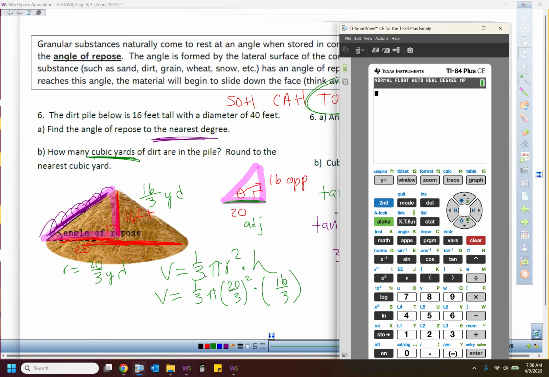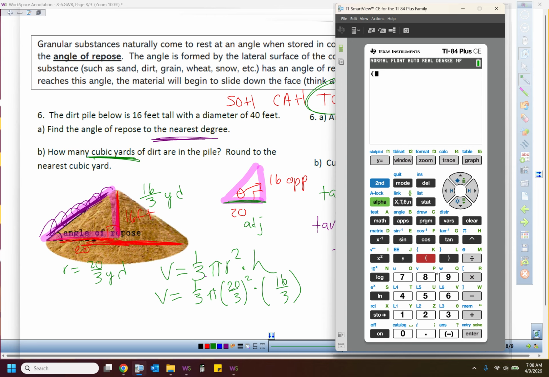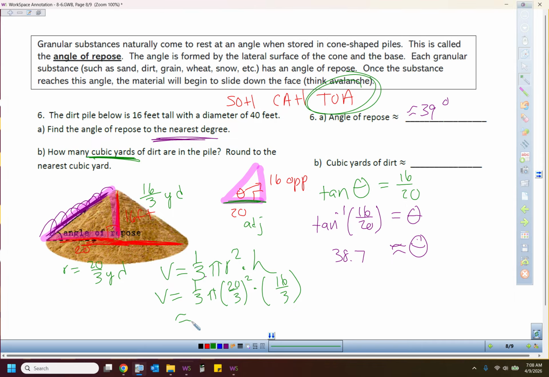So 1/3 times pi times 20/3 in parentheses, squared, times 16/3. And I got about 248.2. They say round to the nearest cubic yard, so we'll do about 248. So about 248 cubic yards.